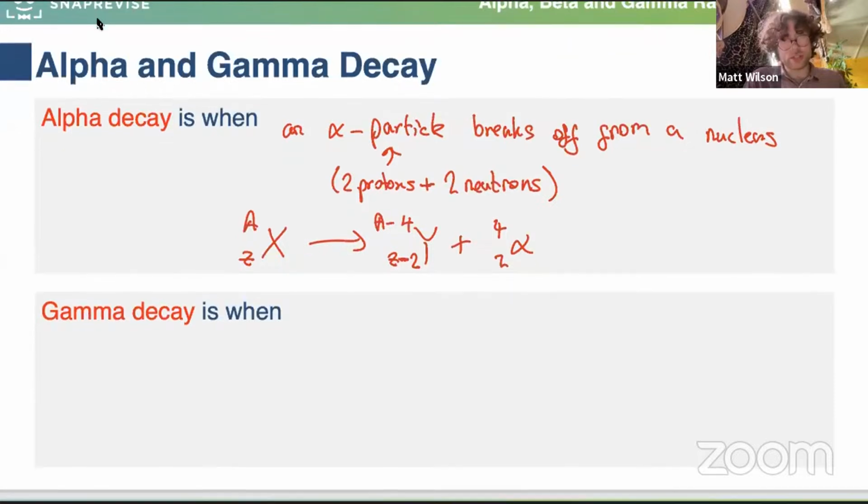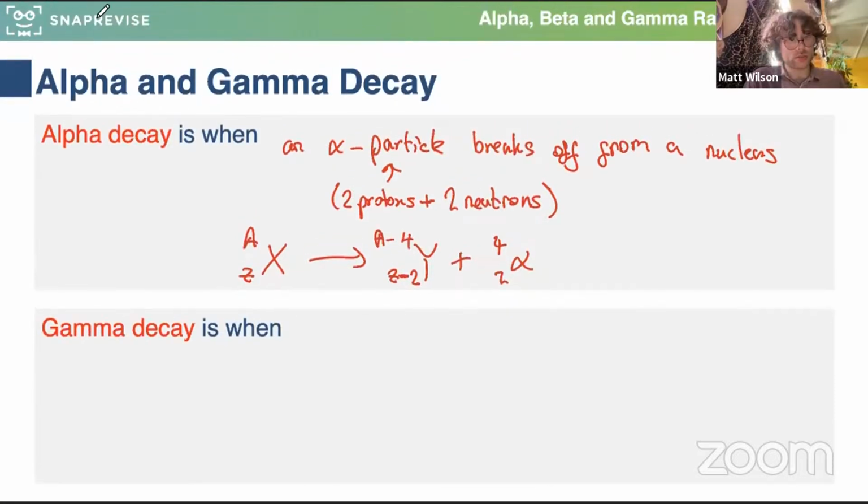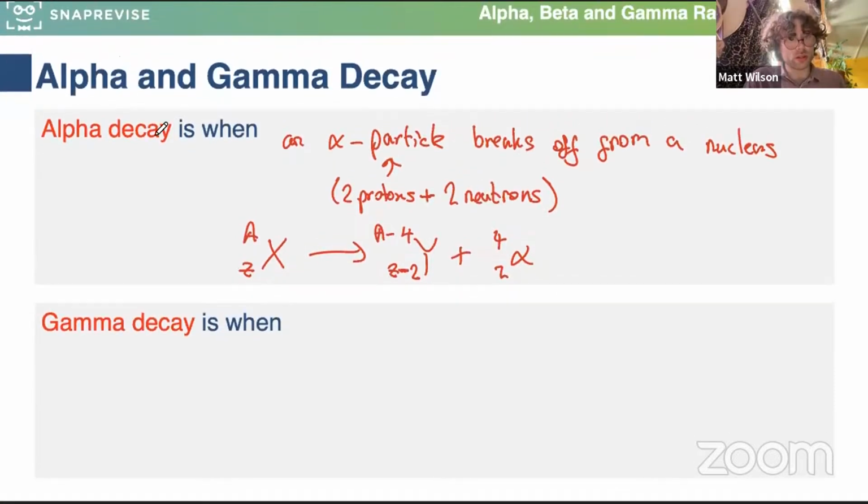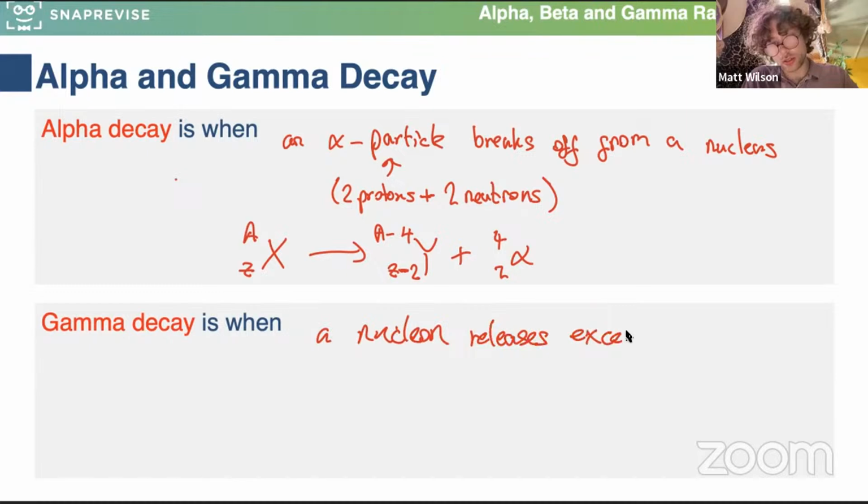And now you're relieved to hear what we're looking at next is probably the easiest one. We're now looking at gamma decay, which is simply when a nucleon releases excess energy. And it does that in the form of a gamma photon.